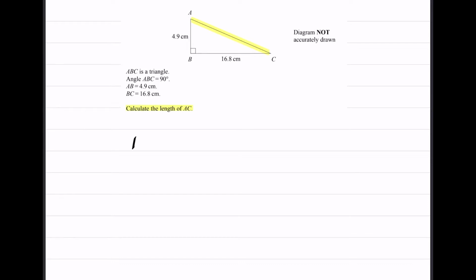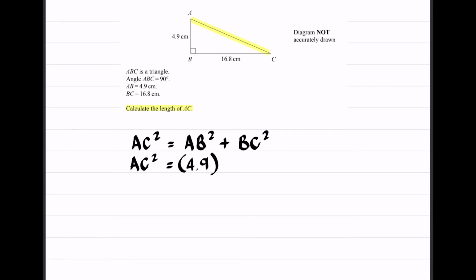So I know that AC squared will be equal to side 1, which is AB squared, plus side 2, which is BC squared.